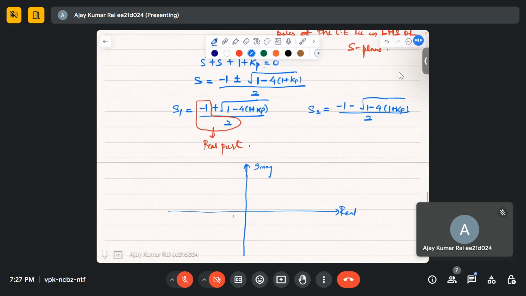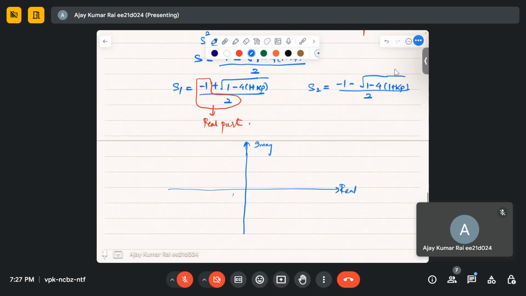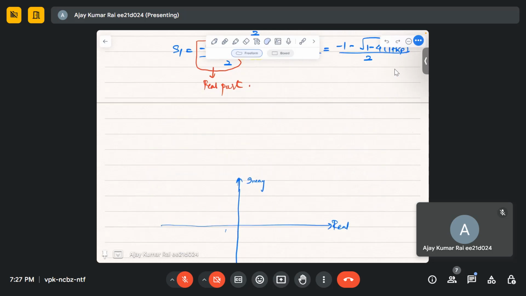Let's first see for what value of Kp the roots are imaginary, because we know the real part is already negative. Let me write one more step and explain.